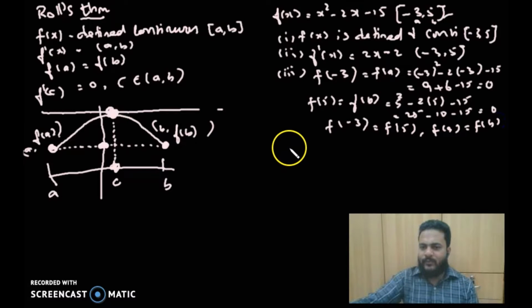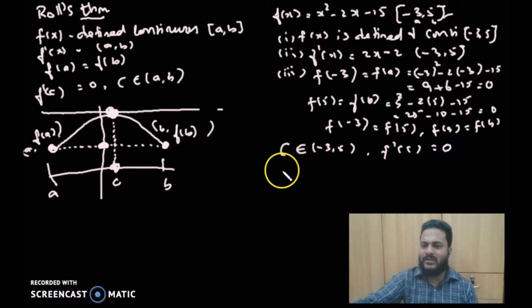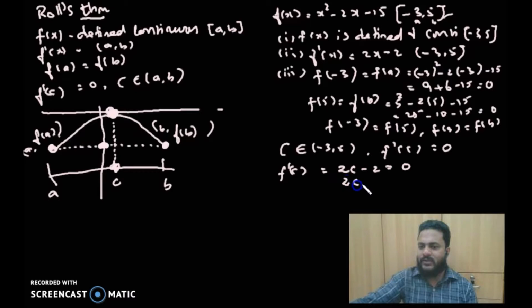So by Rolle's theorem, there exists some point c belonging to our interval a comma b, that is minus 3 comma 5, so that f dash of c is equal to 0. f dash of c is equal to 2c minus 2, and this should be equal to 0. So 2c is equal to 2 and c is equal to 1.